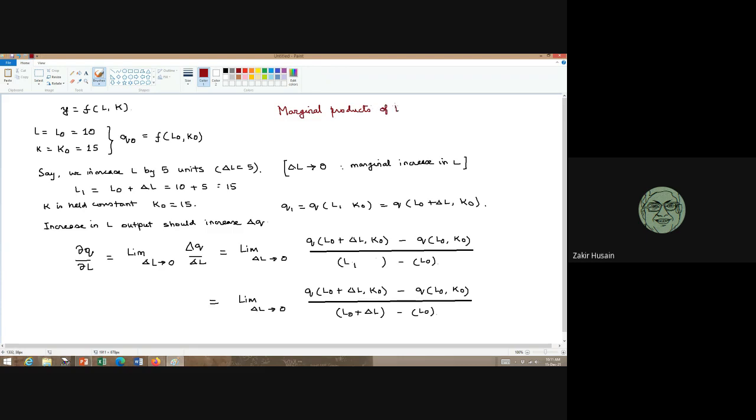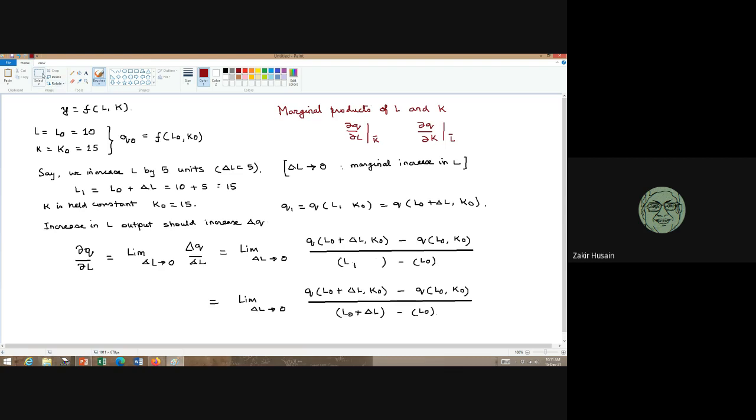So in this way, you can find out the marginal product of labor, you can find out the marginal product of capital. This is the marginal product of labor when capital is constant. This is the marginal product of capital when labor is held constant.